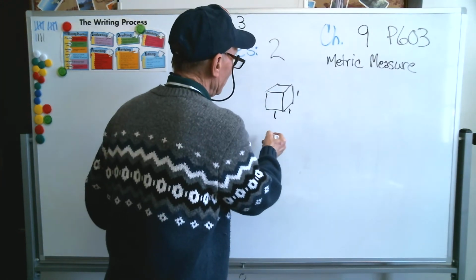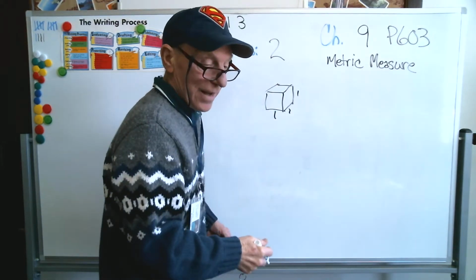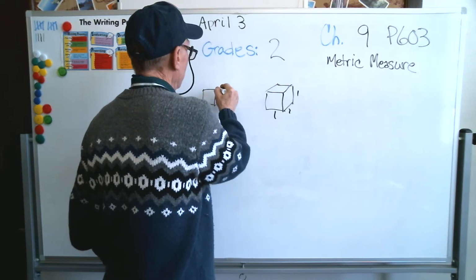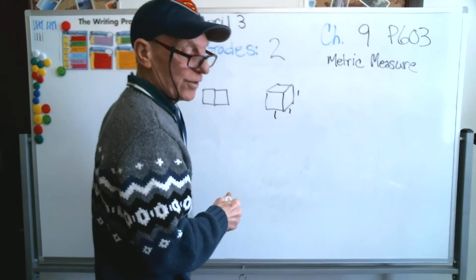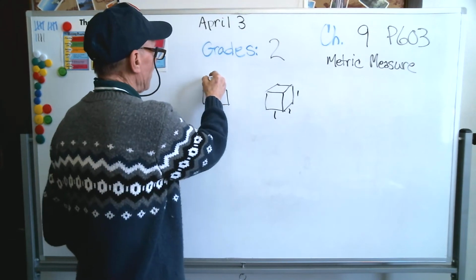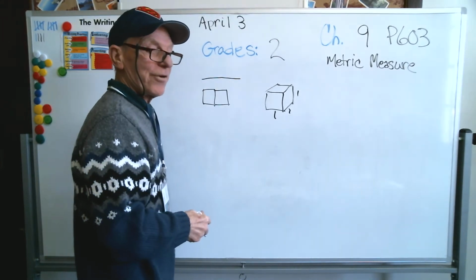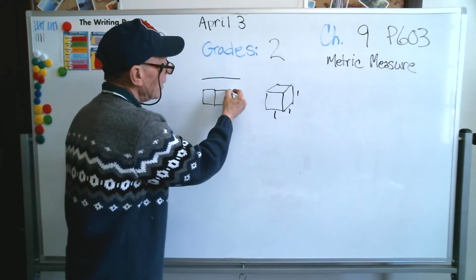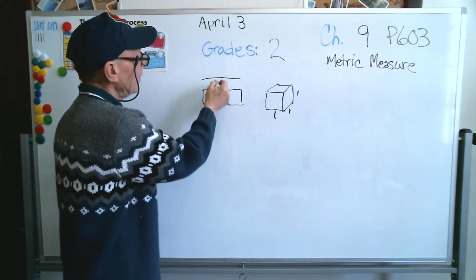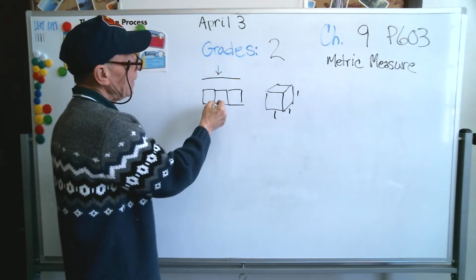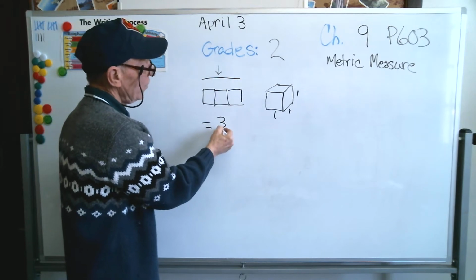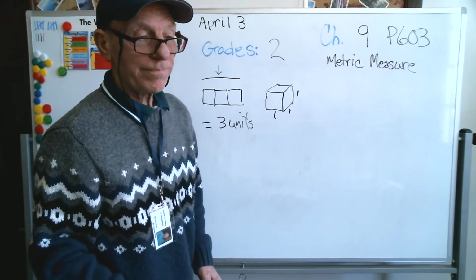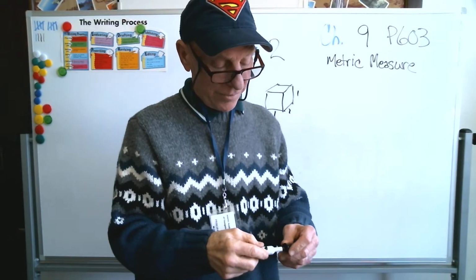So if I had 2 of these unit blocks together, and my line that I'm measuring looks like I need another one, this line would be equal to about 3 units. It's just a reference of measurement.